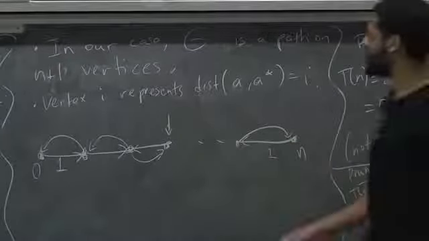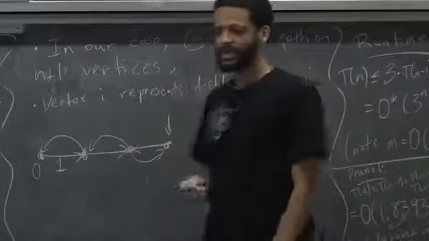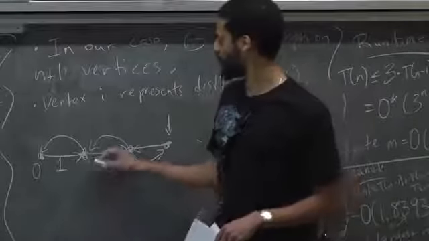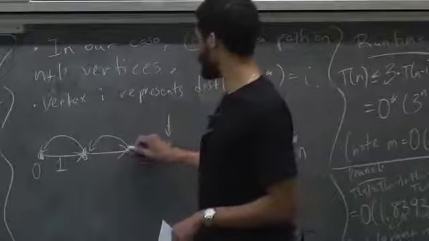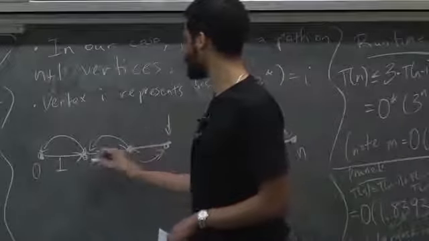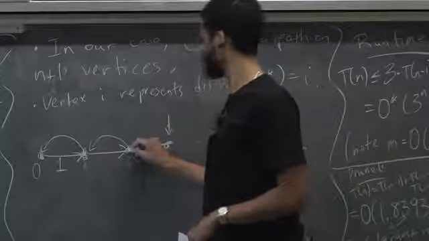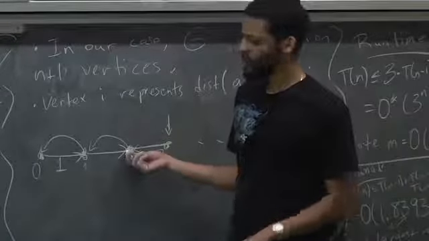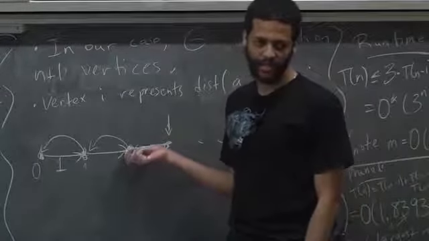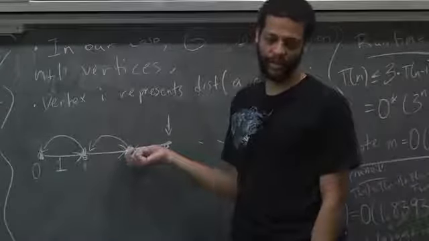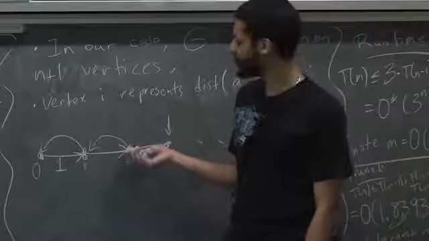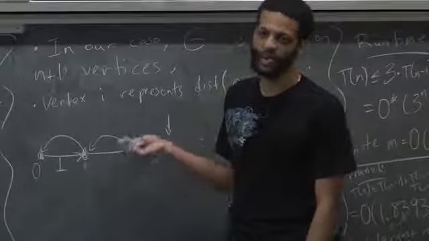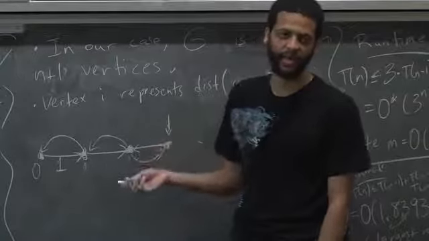How about any of the intermediate vertices? Let's say that we're currently here. We're at distance 2. So this is distance 1, this is distance 2. We pick a clause that's not satisfied. We can say that we disagree with A star on at least one variable in that clause, right?